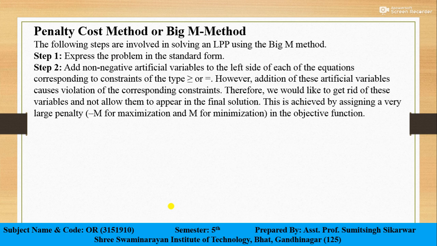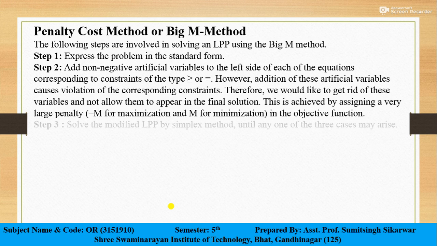Therefore, we would like to get rid of these variables and not allow them to appear in the final solution. So we will not allow those variables to remain and will go on to further iterations.